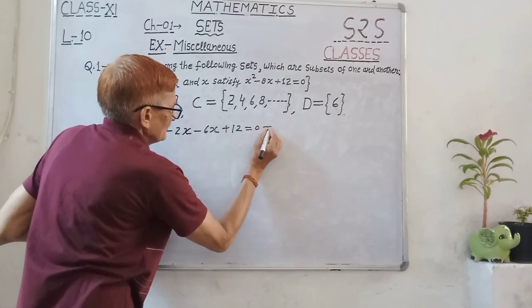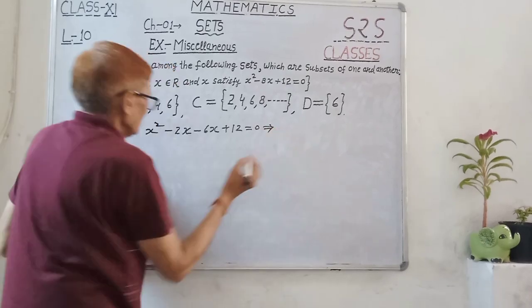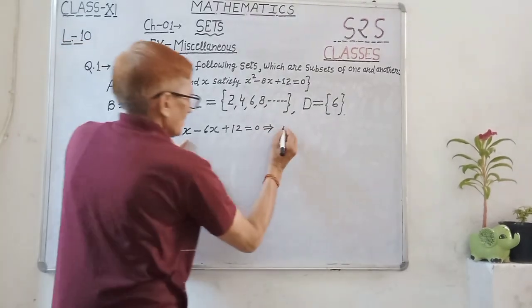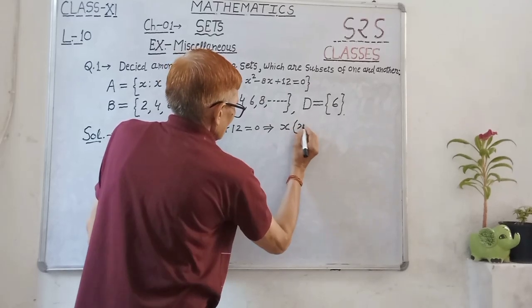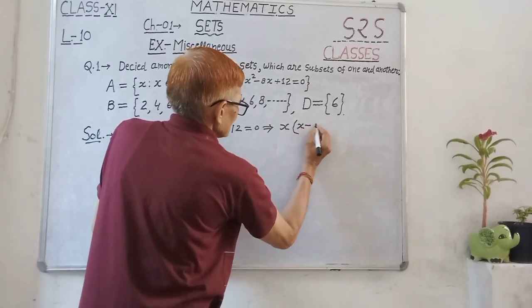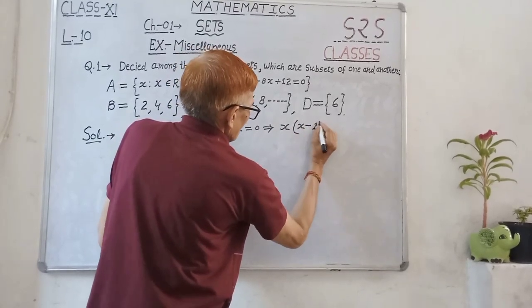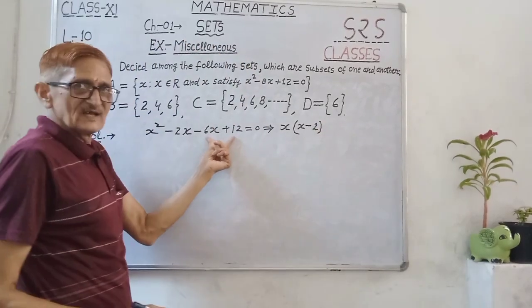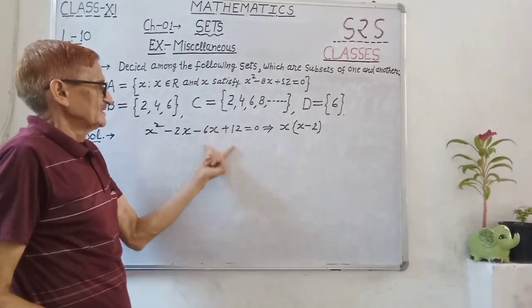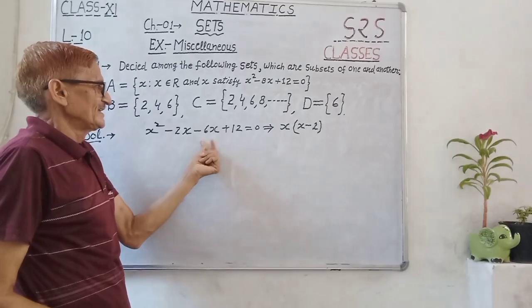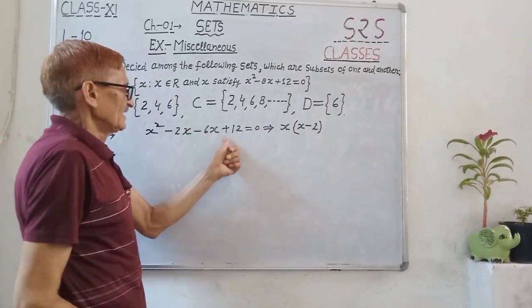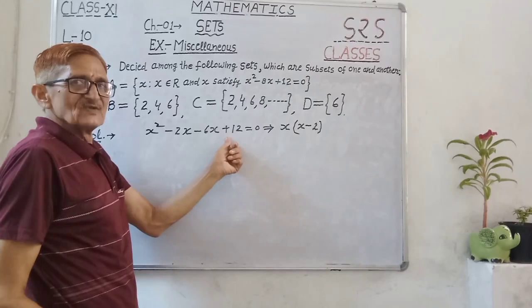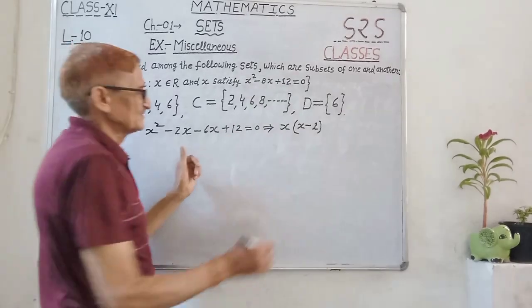Now we have to simplify, taking the common in the first two terms. x is common, then x minus 2, and then here in the last two terms what is common? 6 common, but here minus or plus, you have to take minus common, because here x minus 2 and here plus 12, then it will be minus if you take minus 6 common.